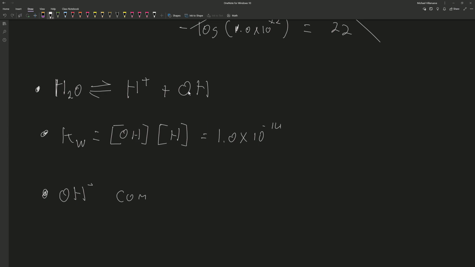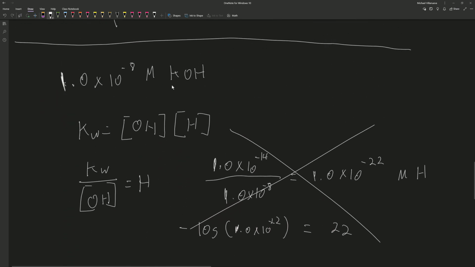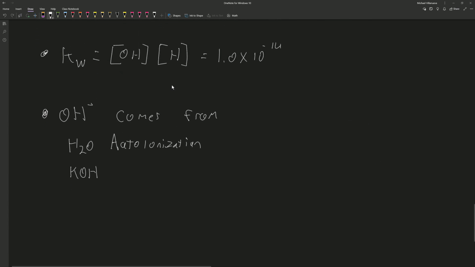It comes from H2O autoionization, and from KOH. And that KOH is 1 times 10 to the negative 8th molar.